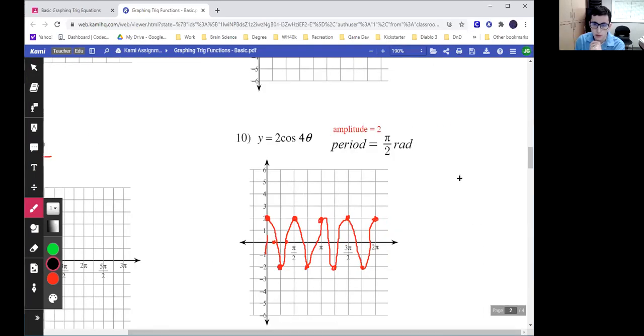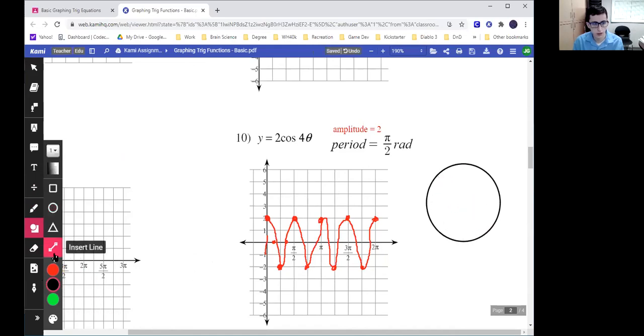So a trig function like cosine is going to have a period. Normally, it will have a period that will be completed when it does one full rotation like that. And that would be like one period.